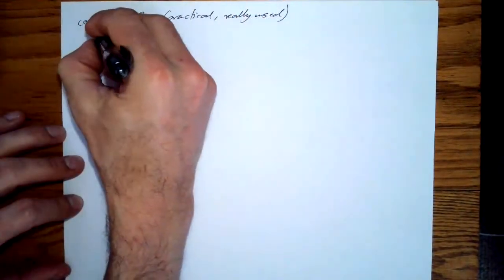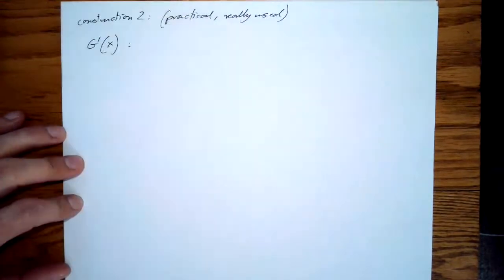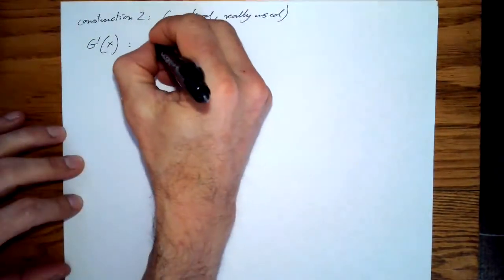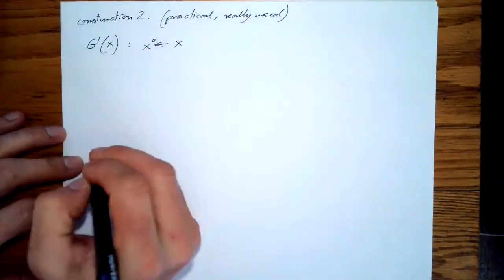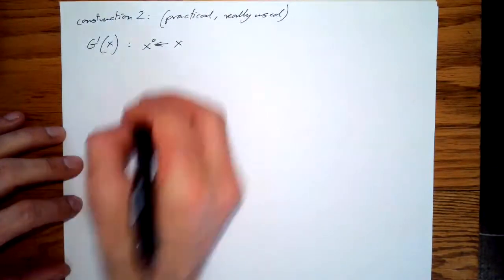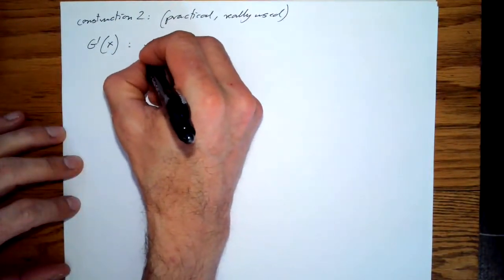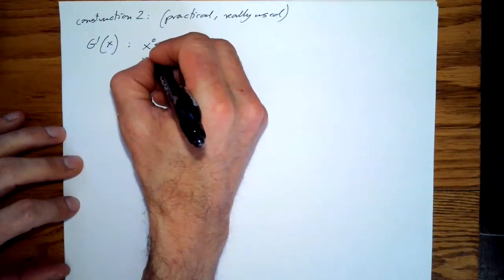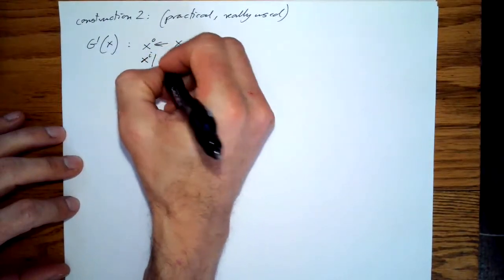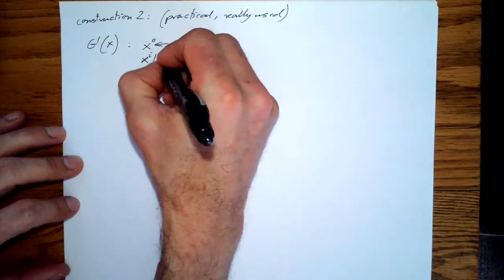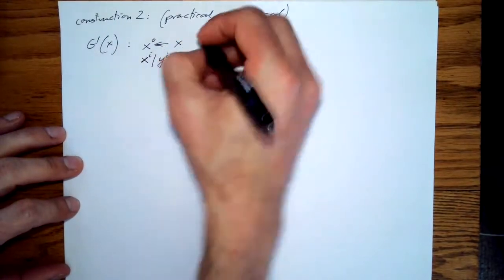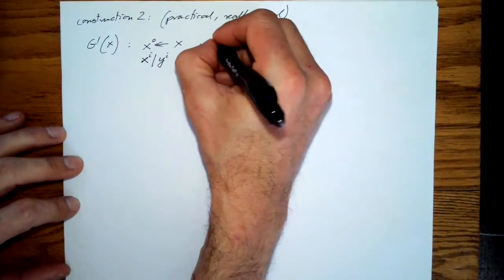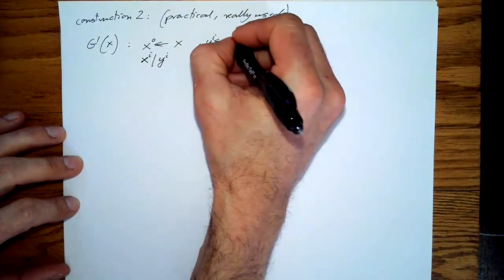There's this. G prime on input X sets the initial state to X as before, and then sets the new state and outputs bits, and it sets y to an empty string.